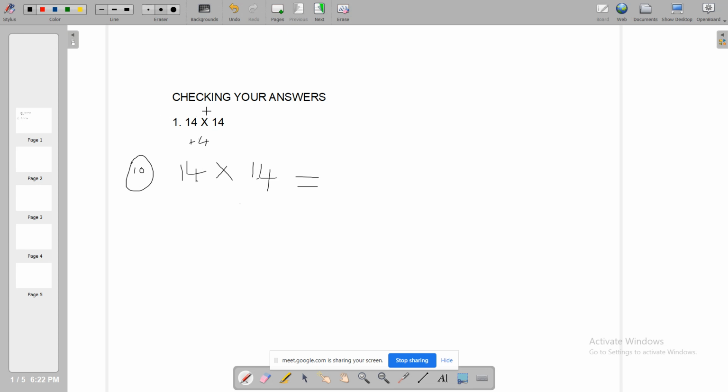Here also should be plus 4. So my circle is here. Now diagonally, anyhow I go, it should be the same. When you add this to it, you are getting 18, right?